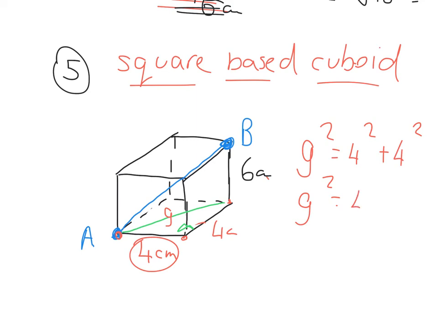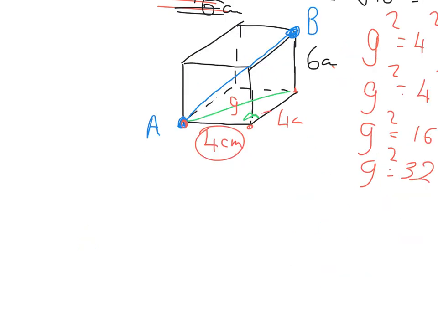So G squared would be equal to 4 squared plus 4 squared, and G squared is equal to 16 plus 16. G squared is equal to 32. Now I can say that AB squared is equal to G squared plus 6 squared, and use Pythagoras again.